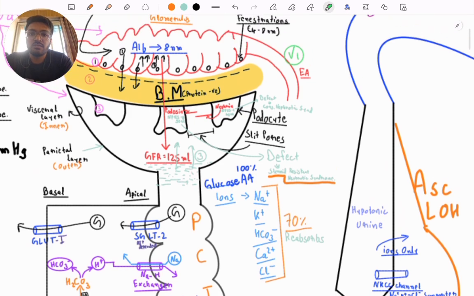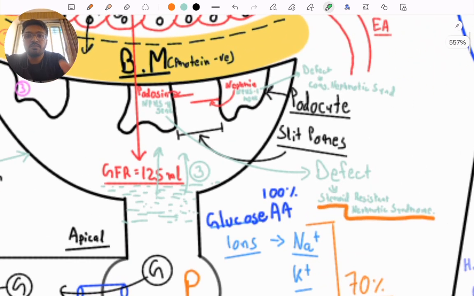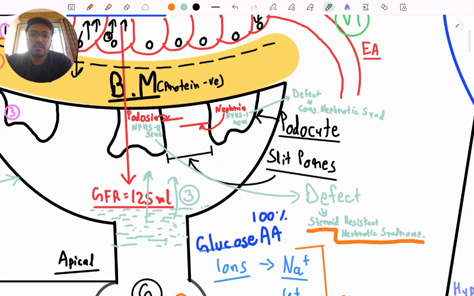So first, starting with our podocyte having a slit pore. Now the slit pores are made up of nephrin and podocin. If nephrin, which is coded by the NPHS1 gene, gets defective, the person is going to have congenital nephrotic syndrome.